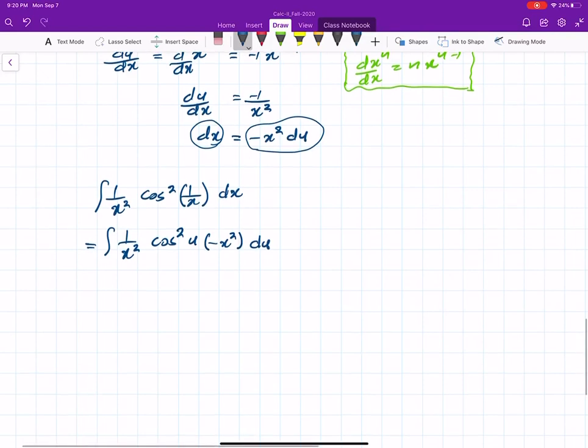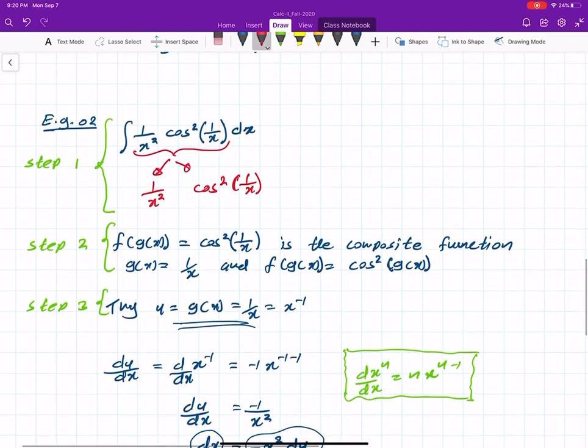Alright, this part is gone for that part, and this part is gone for that part. The previous part also, let me mark them.